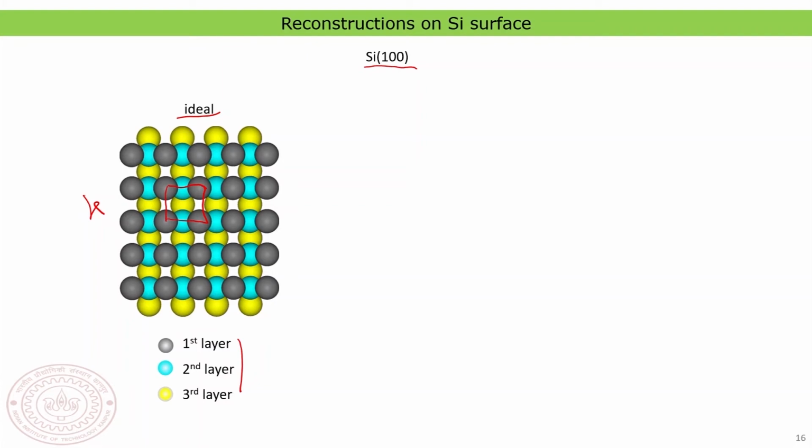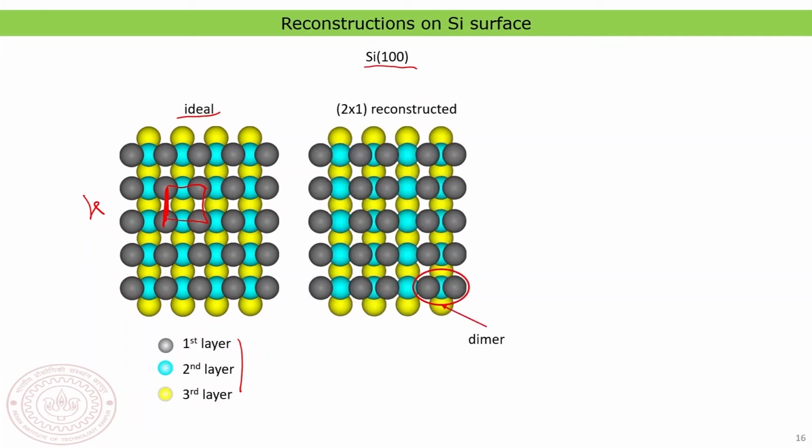But now the interesting thing you notice is that the distance between the atoms is very large, and therefore the atoms at the different locations feel a very low coordination. So in reality, the silicon 100 surface gets reconstructed by moving these atoms closer to each other.